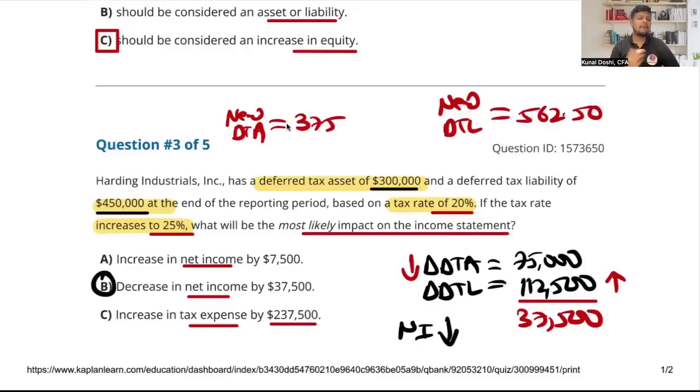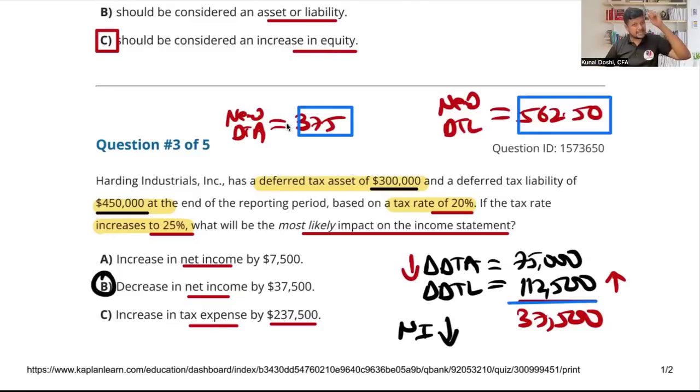Correct? Some people do that, but it's better you calculate both separately and see what the change is, and accordingly put the effect. Remember, if income tax expense goes up, net income goes down. Clear?